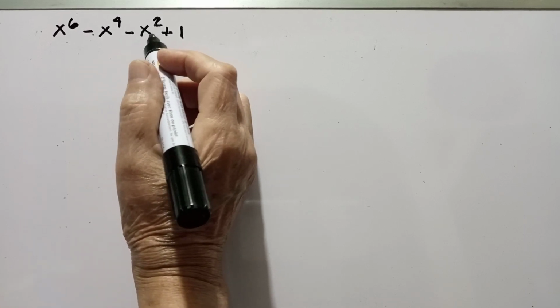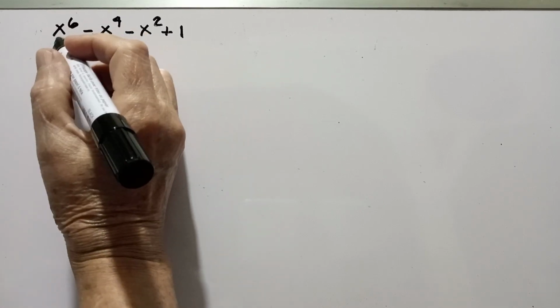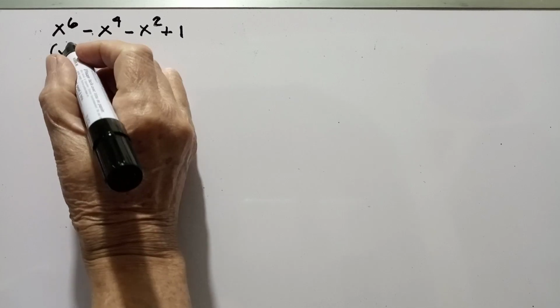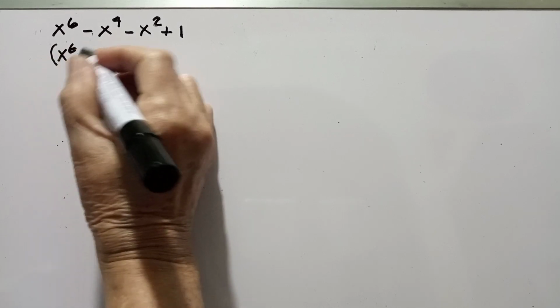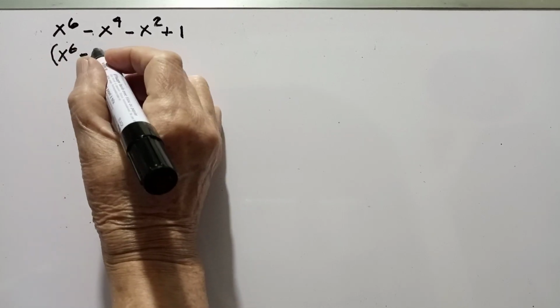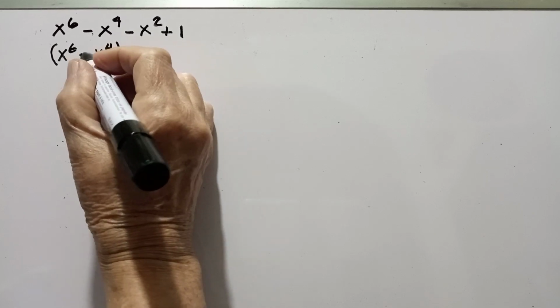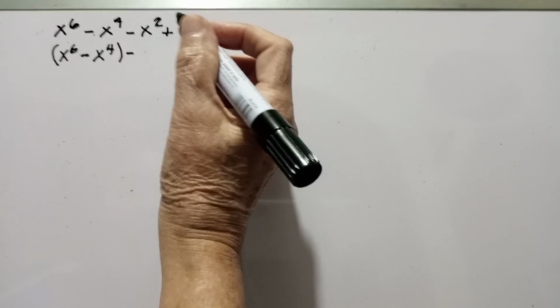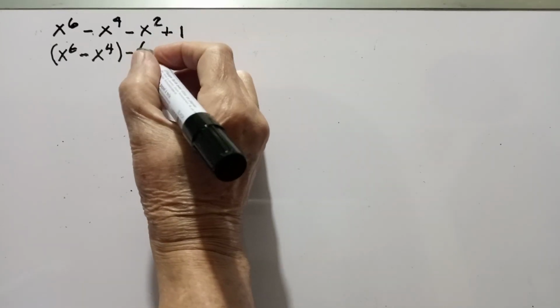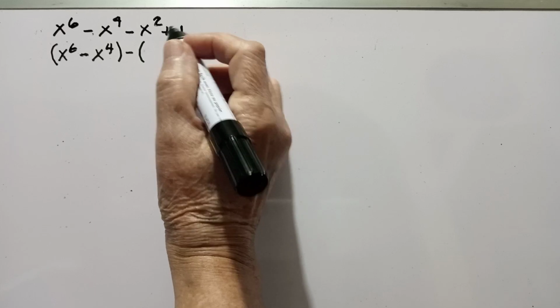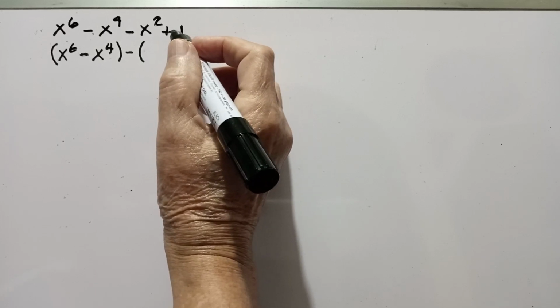Now let us group the first two terms. So we have x to the 6 minus x to the 4th, then minus, remember that the signs of the terms to be grouped will change.